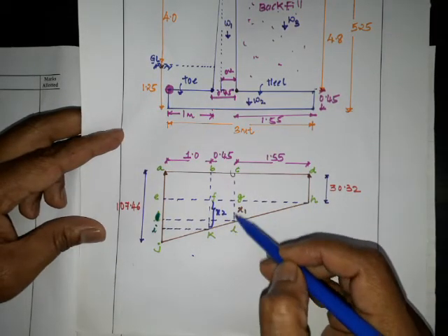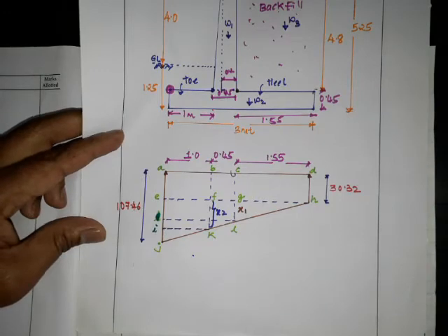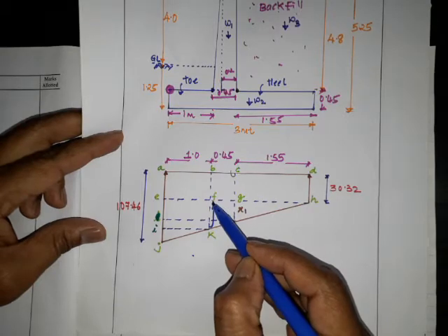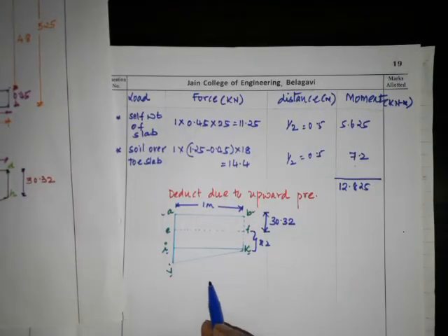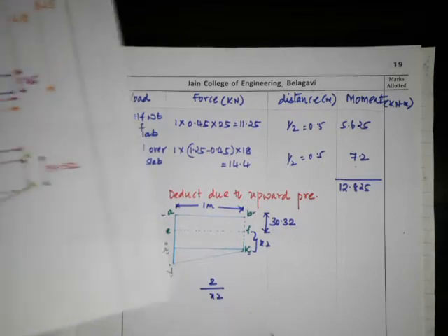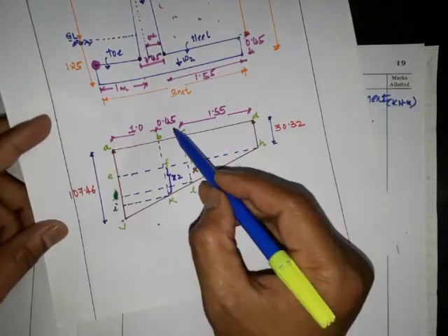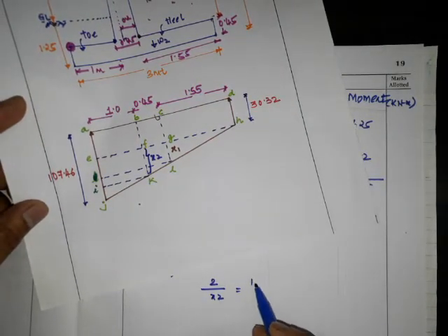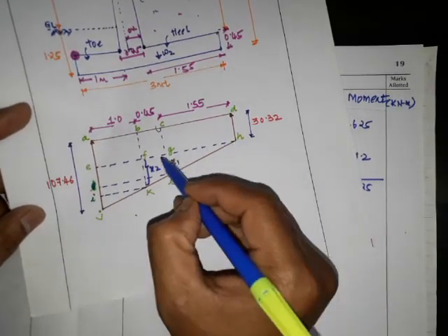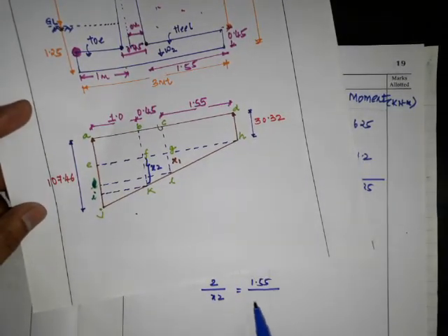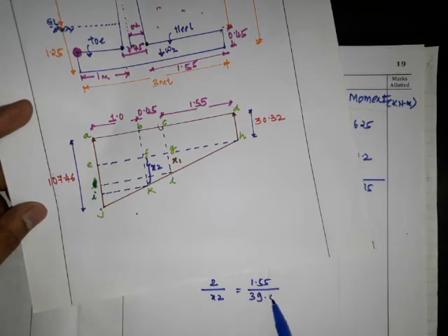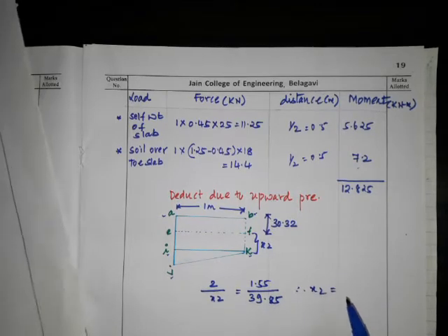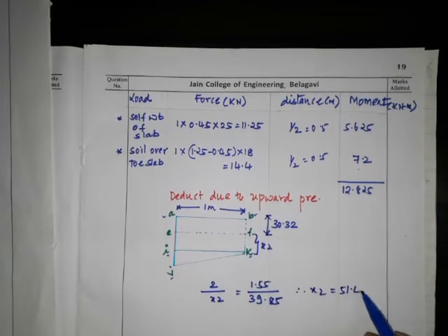Okay. So now the total is 3 meter here again, or we can consider like this divided by this and this divided by this, because x1 we have got already, the value of x1 is 39.85. So this is 2 meter divided by x2, because 1.55 plus 0.45 is 2, so 2 meter divided by x2 is equal to 1.55 divided by x1, and x1 we have already calculated, that is 39.85. So from this we get x2 is equal to 51.42.